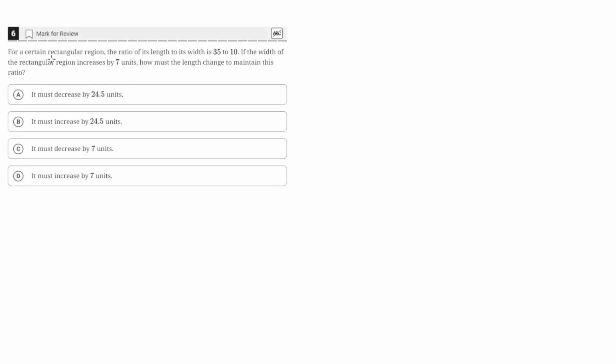For a certain rectangular region, the ratio of its length to its width is 35 to 10. If the width of this rectangular region increases by 7 units, how must the length change to maintain this ratio? So we have a rectangle whose length is 35 units and its width is 10 units.